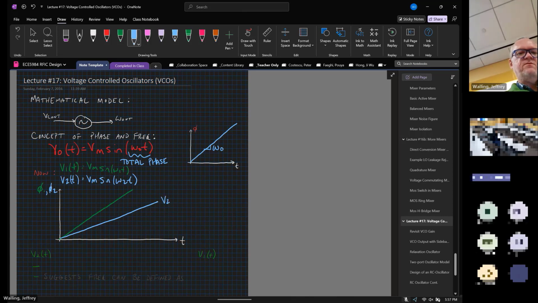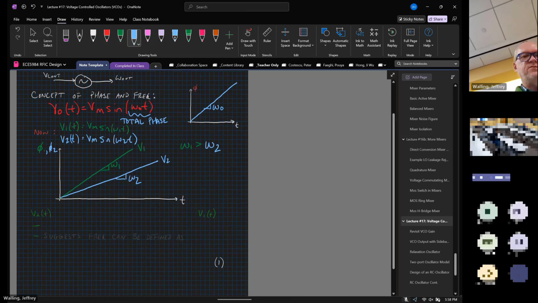So this is V2, this is V1. What can we say about the relative frequency of these oscillators? Omega 1 is greater than omega 2. So we accumulate phase faster. That means that our frequency is faster. That's the slope of these two transfer curves.